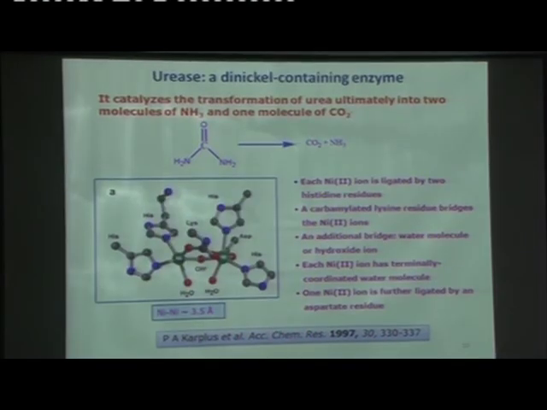One nickel ion is further irrigated, as I have said. So this one is 1, 2, 3, 4, 5, and this is 6 coordinate. You must have a vacant coordination site, otherwise the substrate cannot bind. If your compound is 6 coordinate, that compound will never do anything. So your compound should be coordination flexible. Coordination flexibility is a very important issue.